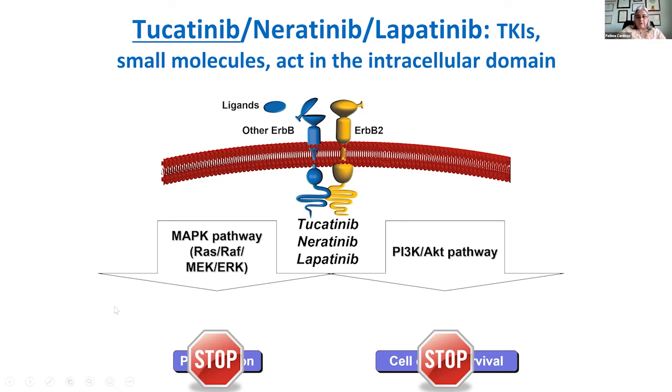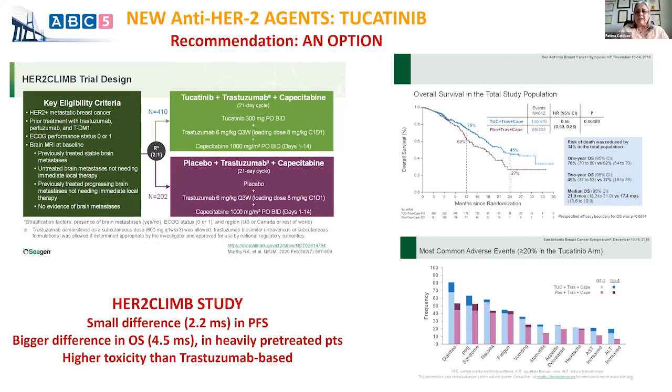See, this is okay. So this is another summary slide to tell you something about tucatinib. So tucatinib was studied in combination with trastuzumab, so blocking the receptor outside and inside the cell, and together with a chemotherapy that is called capecitabine.